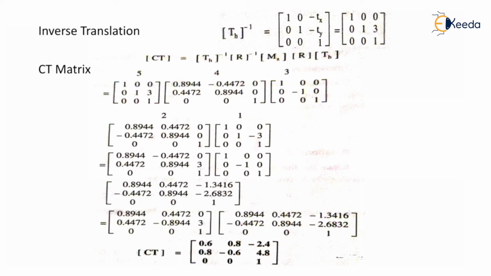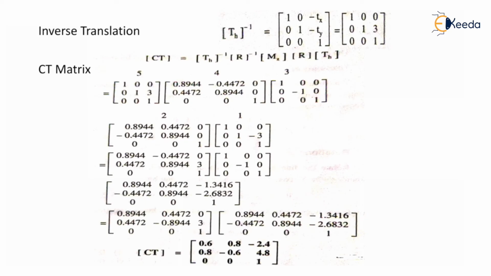That means from left to right we have to write down all the matrices: first we take T from the left, then R rotation, then reflection about X, then inverse rotation, then inverse translation. If you observe, I have already numbered them 1 2 3 4 5, and all the matrices I already calculated I have put in the CT matrix.